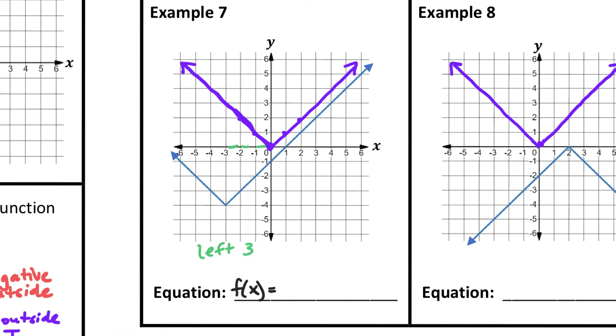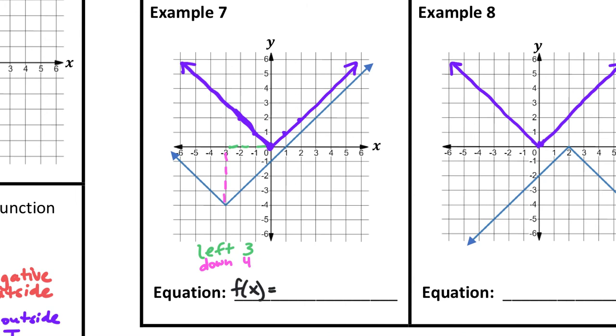And how many down? I'm going to change things up a little bit just because I already have purple there. So it's 1, 2, 3, 4. Down 4.